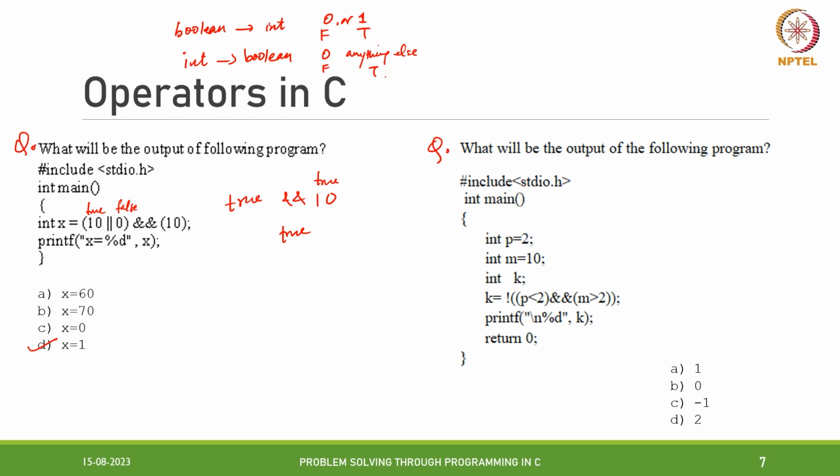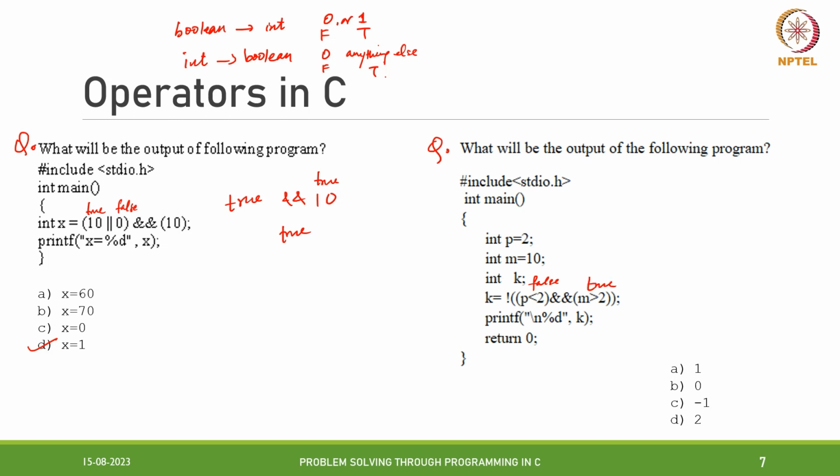Okay, so let's look at the next question. So we have p equals 2, m equals 10, and k. Now we are combining this expression and doing a not operation here, so let's evaluate that. So what is p less than 2? No, it's not less than 2, it is actually equal to 2, so this part is false, right? Now is m greater than 2? So m is 10, so this part is true.